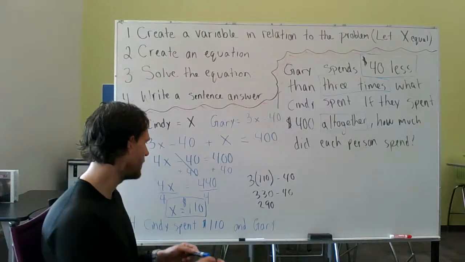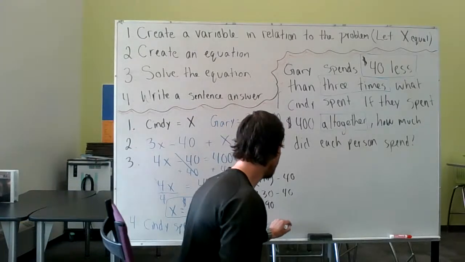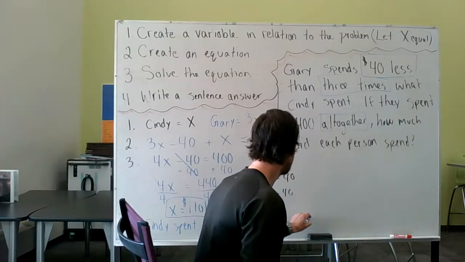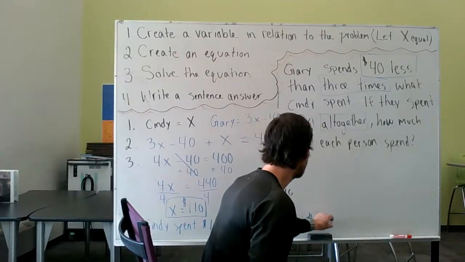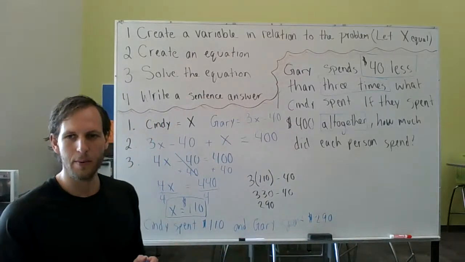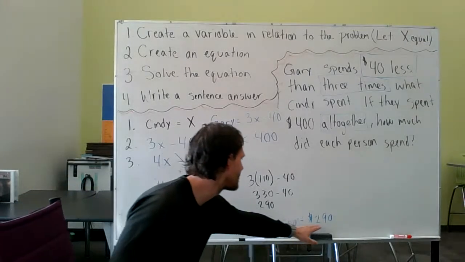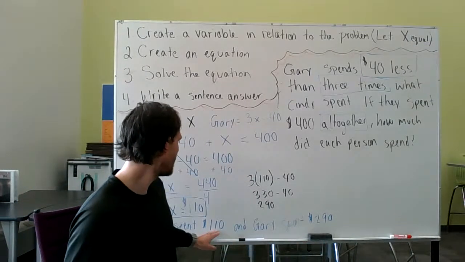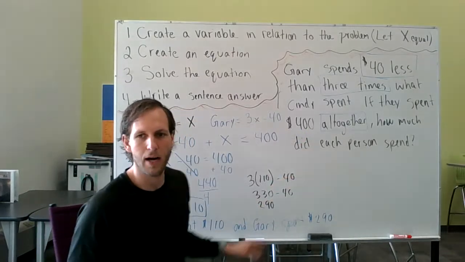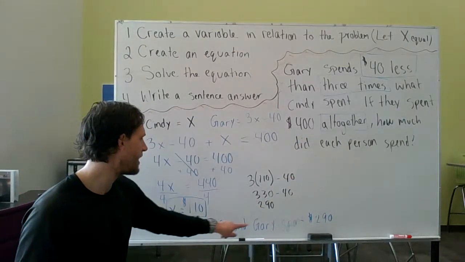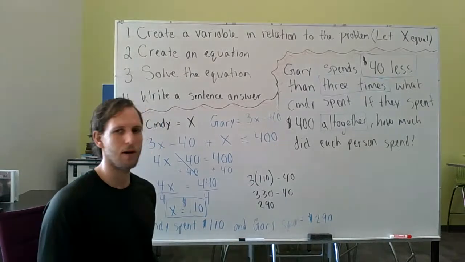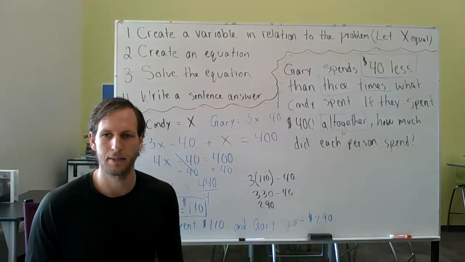Thanks, Alexa. That was awesome. So Gary spent $290. Now, to double check to make sure that we have this right, 110 plus 290 altogether, that should equal 400. So 110 plus 290 does equal 400. So we've done that correctly.